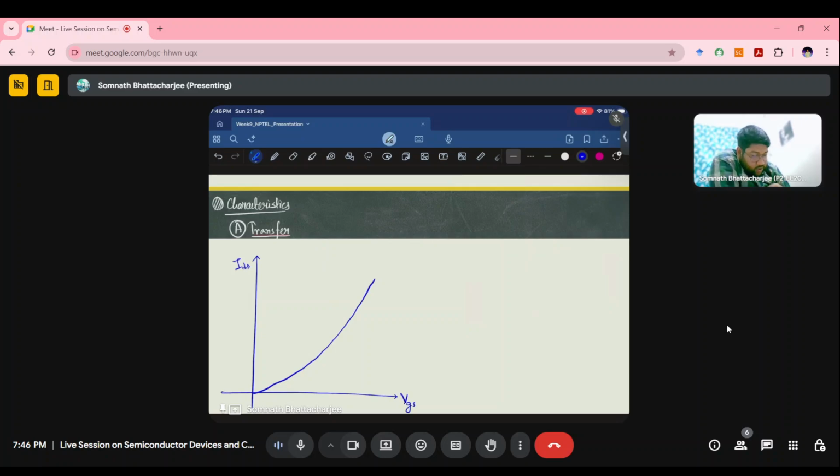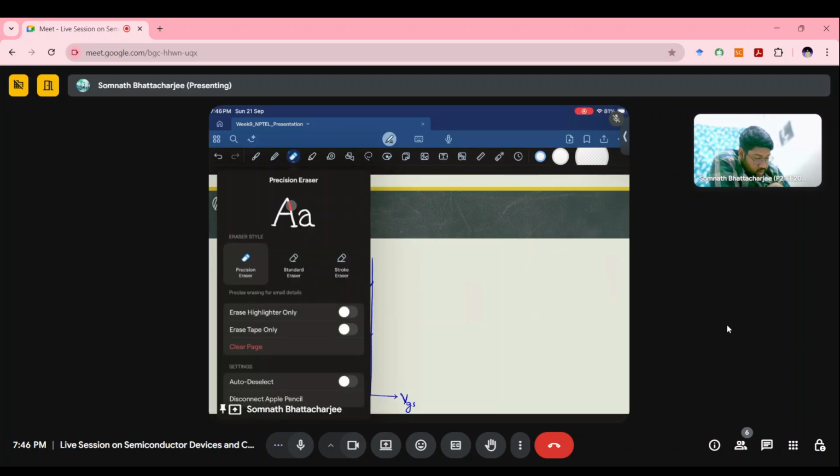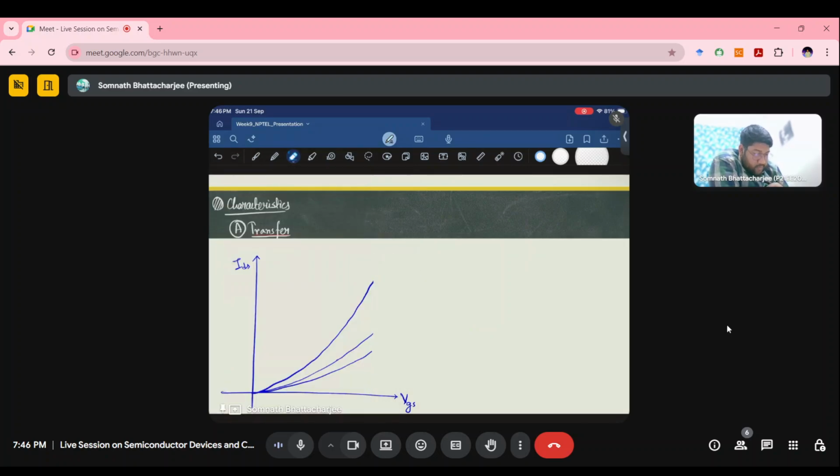These values keep on increasing, and for different values of VDS, the value keeps on changing. So these values will look something like this.